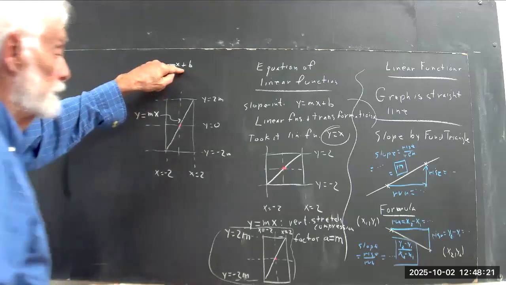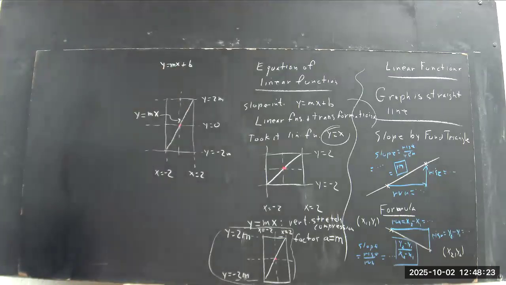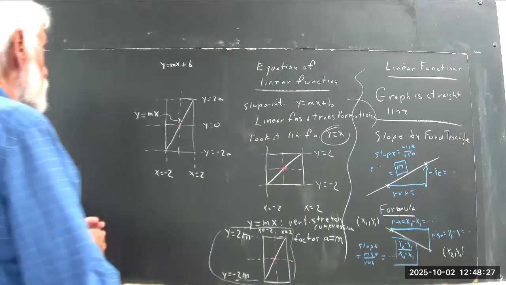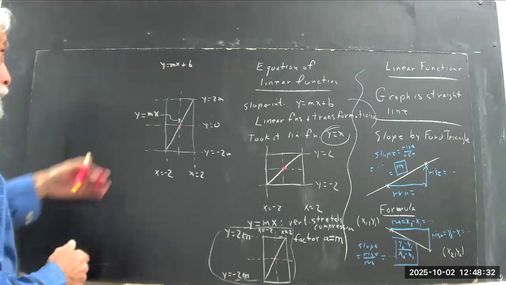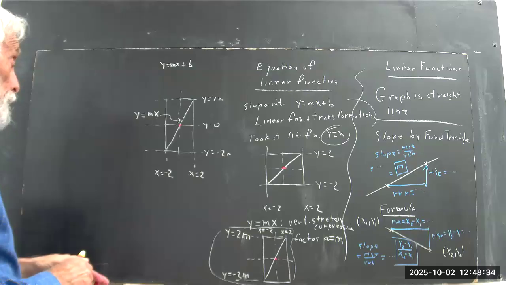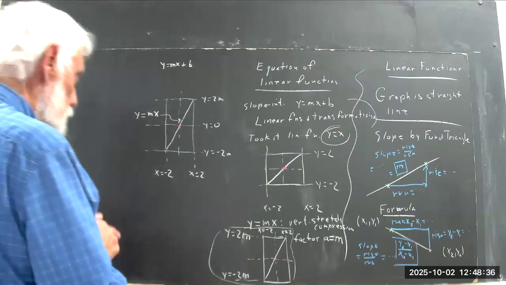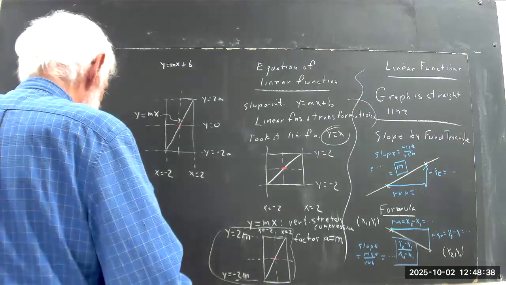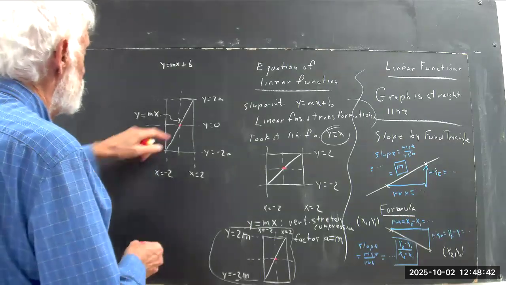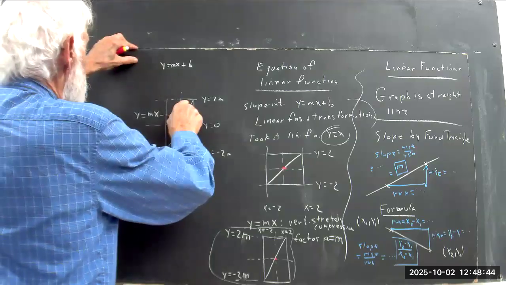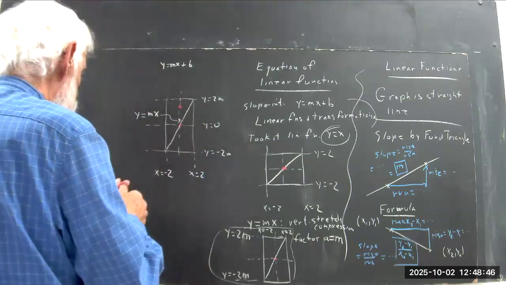And then you add b. What happens when you add b? Well, that moves the whole thing up b units or down, depending whether b is positive or negative. Well, I'll assume a positive b. Let's just say that b is this much.